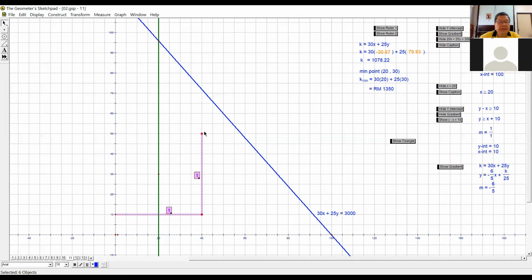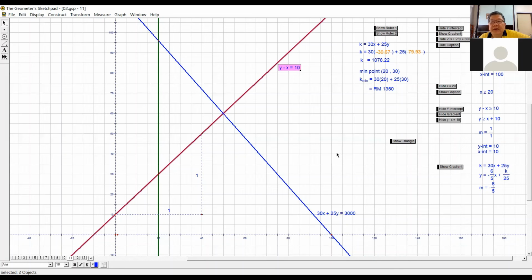But if you don't want, because the scale is the same, then you can take 1 square, 1 square, no problem, right? So how to plot the line? You join up these 2 points, this point and this point here. So you label it y minus x equals 10.